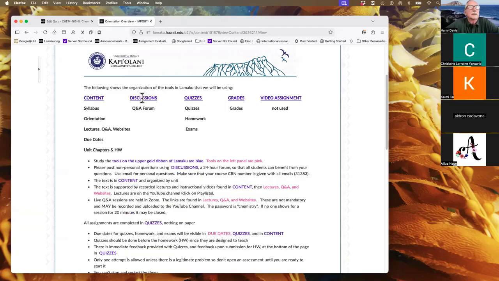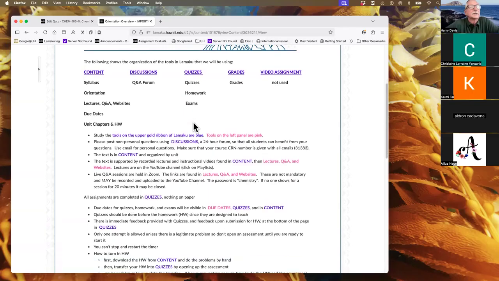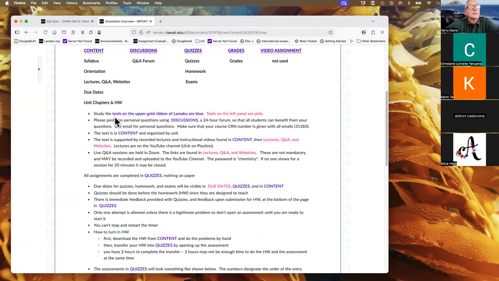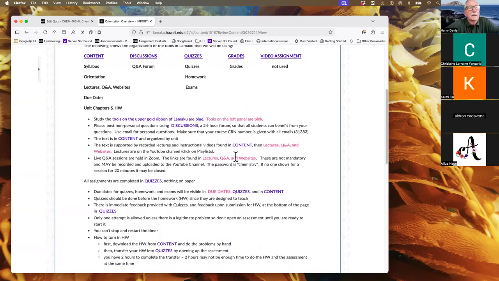So here's the content, the discussions, quizzes, grades, video assignments, which we are not using so far. Under quizzes, you have the quizzes, which are the homework and the exams. Let's see. So what you need to do is study the tools on the upper gold ribbon to make sure you understand the organization.